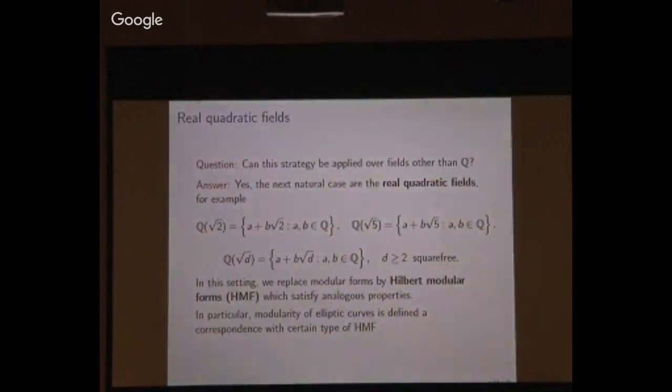And we use these fields because over these fields, we have something called Hilbert modular forms, and they will basically replace the classical modular forms. Every time that I mention a Hilbert modular form, you can just assume that I'm talking about classical modular forms because the properties are very similar.